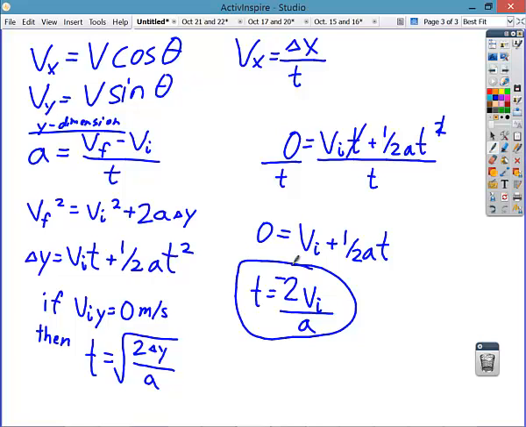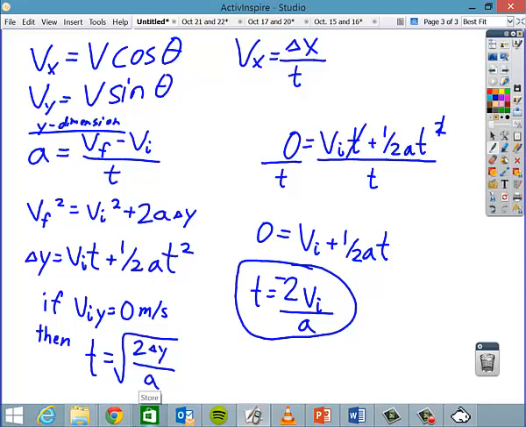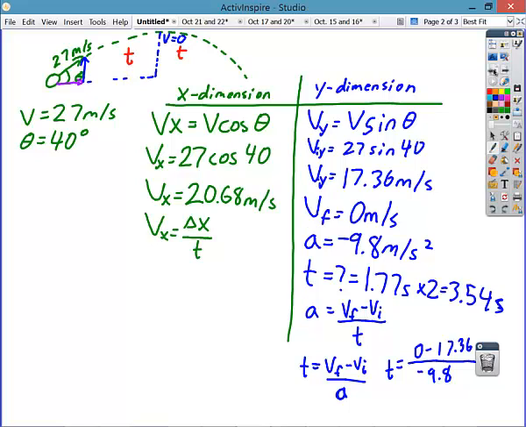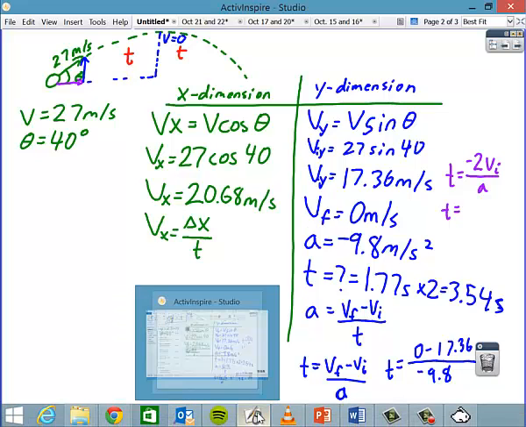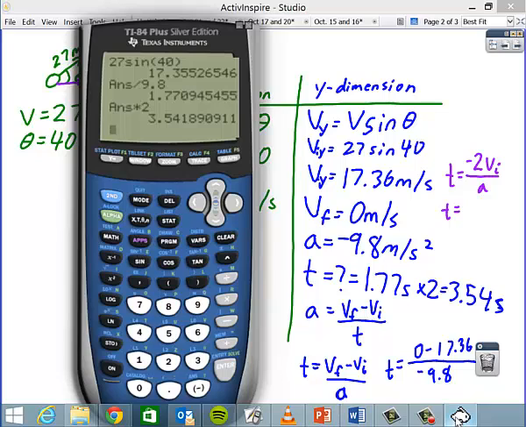T is equal to negative 2 VI over A. If I wanted to use that over here, where time would have been equal to negative 2 VI over A, then time would have been equal to how much? Well, I can multiply here.